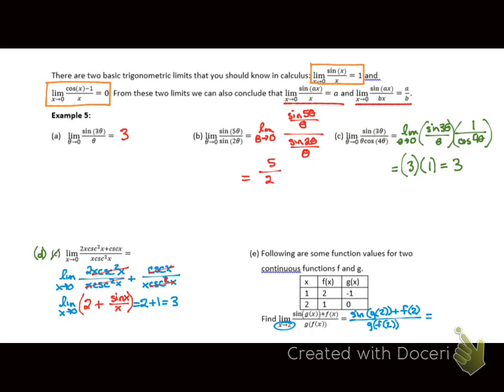G of 2 is just, let's see, 0. And sine of 0 is 0. I'm just going to write sine of 0 plus f of 2 was 1. F of 2 is 1, so g of 1 is negative 1. So the answer just ends up being negative 1 because that is 0.